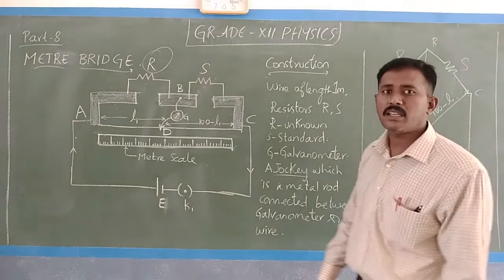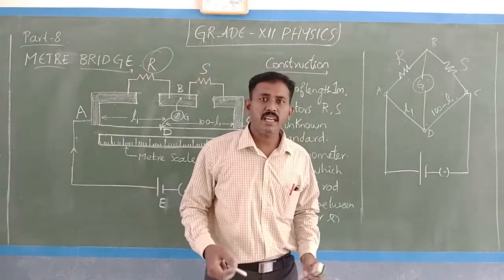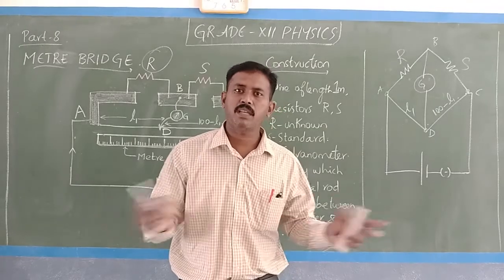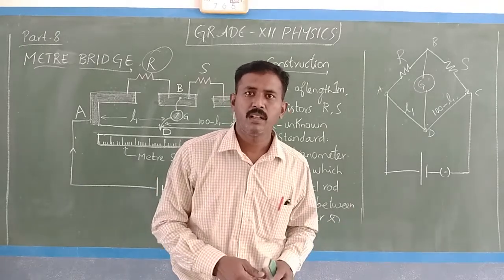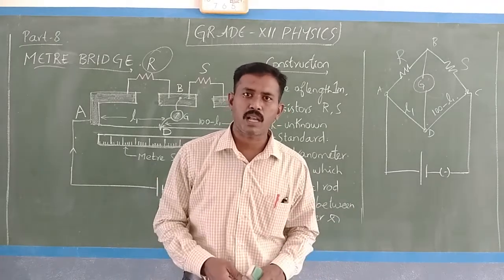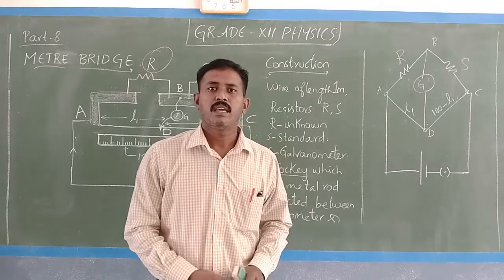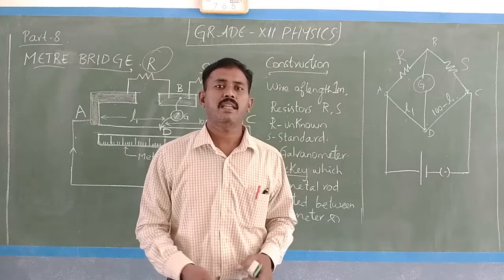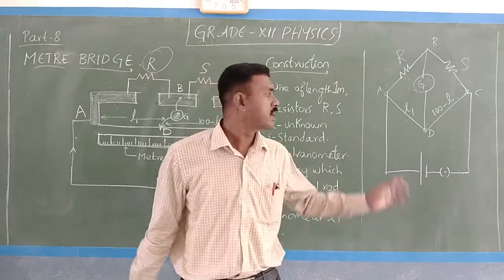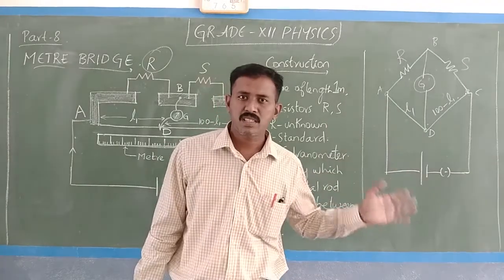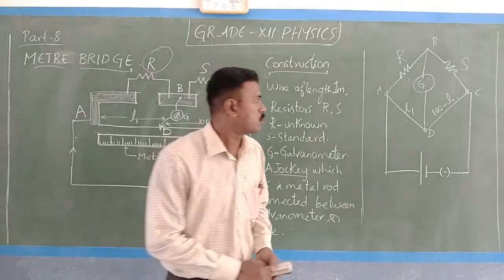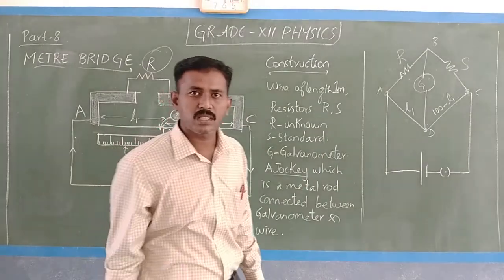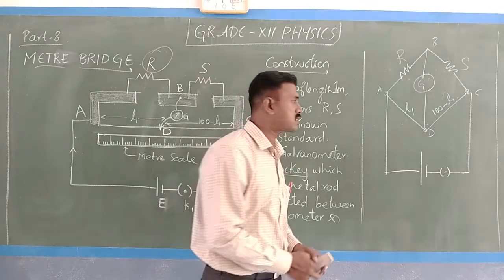I have previously discussed that any electrical load or any wire must be represented in an electrical network by its resistance value. So this wire of length has its own resistance.